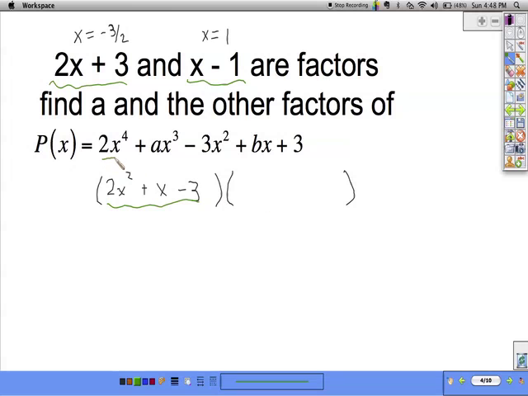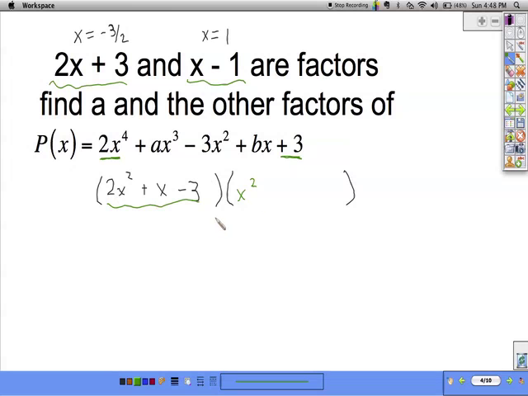And what we can do is get an idea of that by looking at the terms at the beginning and the end. The highest degree term, 2x to the 4th, is going to happen by multiplying those two spots. And since I already have the 2, all I need is x squared there. 2x squared times x squared is 2x to the 4th.